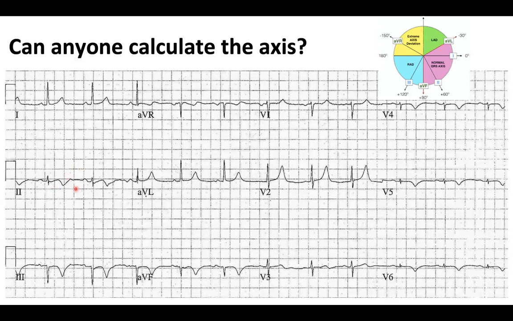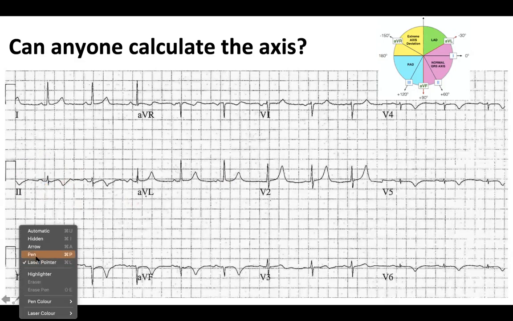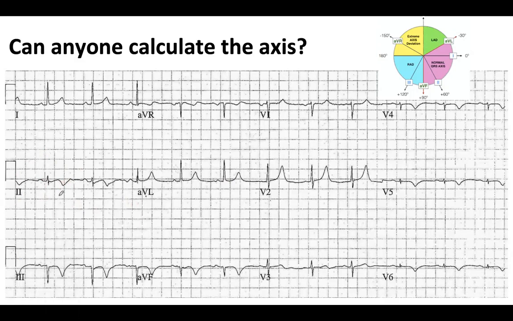Okay, let's go through it. Which is the most equiphasic lead? I think in most of them I've made lead 2 the most equiphasic. So it's lead 2. Does everyone agree? If anyone disagrees, speak now. Okay, so most equiphasic is lead 2.